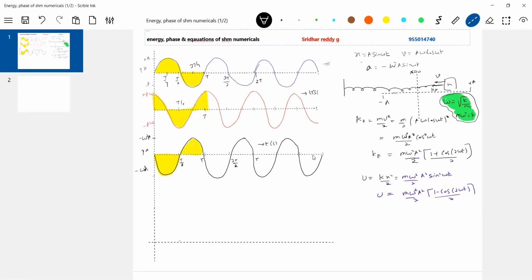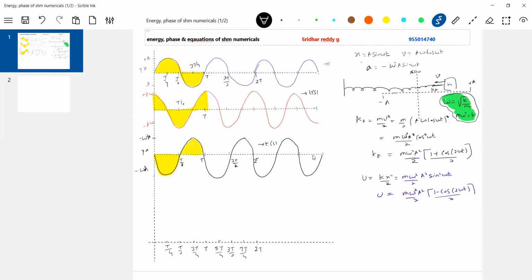Okay, what all do we have? This is T. This is 2T. Let me write all of this. This will be T by 4, T by 2, 3T by 4, T, 5T by 4, 3T by 2, 7T by 4, 8T by 4 will become 2T.